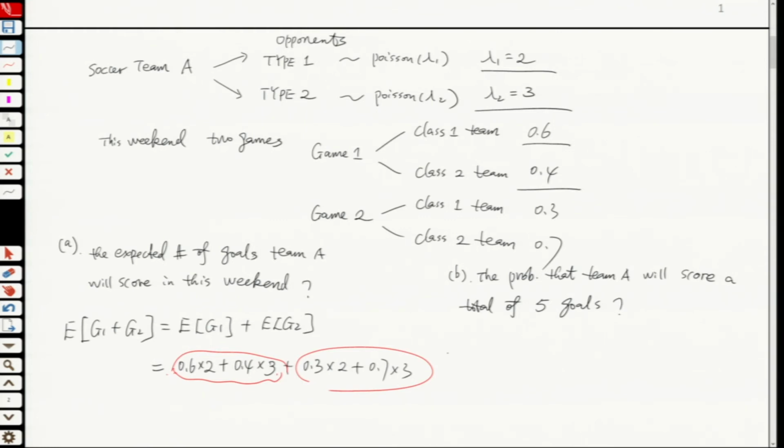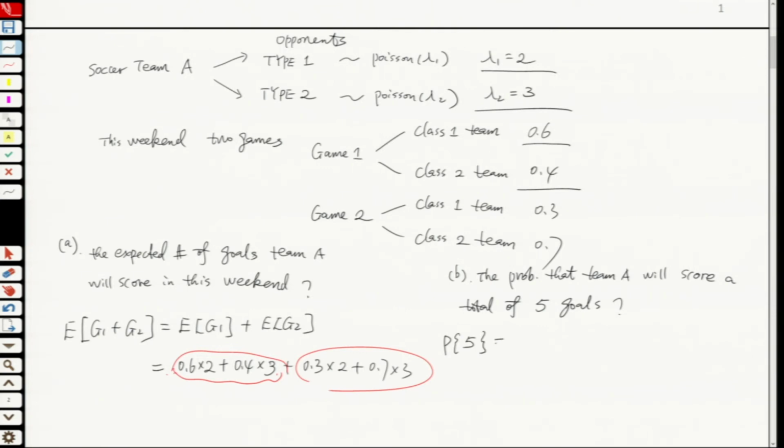So there are different scenarios. Given that game 1 is a class 1 team or game 2 is a class 1 team, then you have a probability to have 5 goals. So there are 2 by 2, four possible scenarios. So you want to get 5 goals.